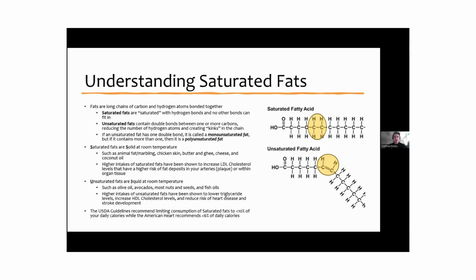And so we can see how it can build up pretty quickly when maybe we have some higher fat milk in the morning, maybe a milk-based creamer, maybe some marbled meats with lunch or dinner, right? And maybe use some butter in the morning for toast or for bread, and bagels, right? We see how that saturated fat can really build up and how difficult it can be to really get to that less than 10% or less than 6%.